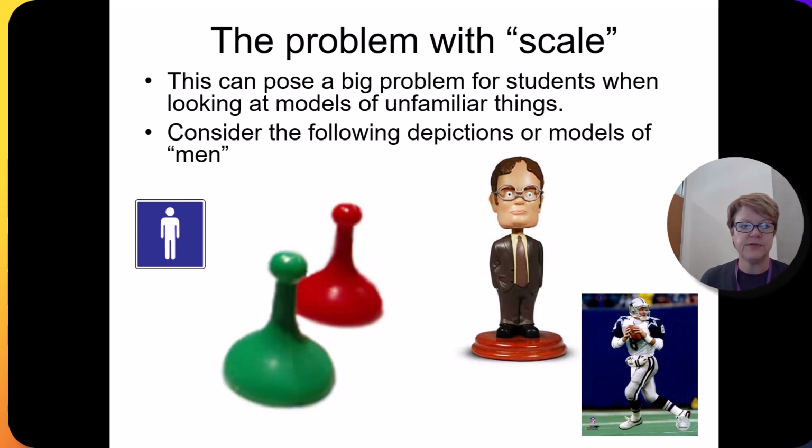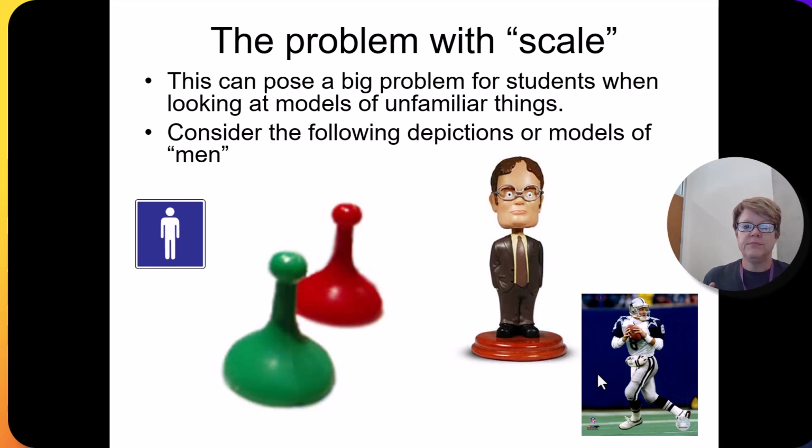I'll give you a different example here. These are all depictions or models of men. On the left we have the bathroom sign. Then you have these little game pieces from Sorry. Then you have a bobblehead figure. And at the bottom on the right, you have Troy Aikman, former Dallas Cowboys quarterback.